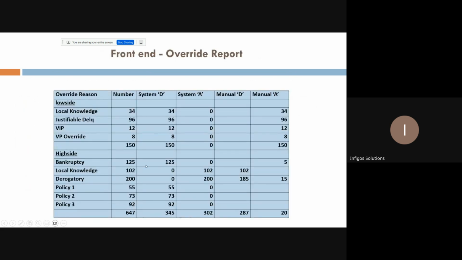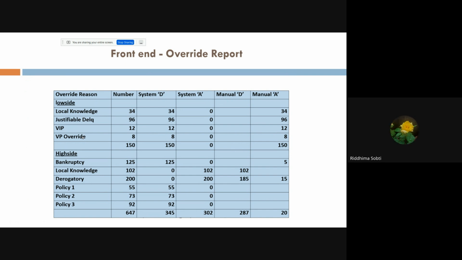On the higher side, the system has declined 125, but you have accepted manually 5. 102 have been accepted by the system, but they have been declined manually. 200 have been accepted by the system, but they have been declined manually. So these are different reasons why you want to reject on the higher side. These are different reasons why you want to accept on the low side.